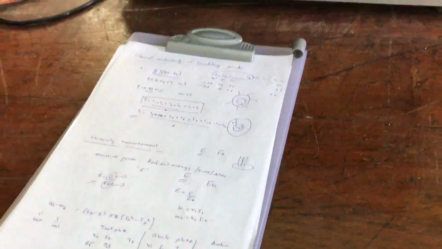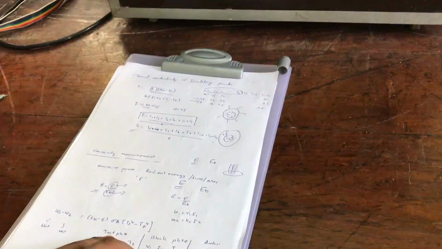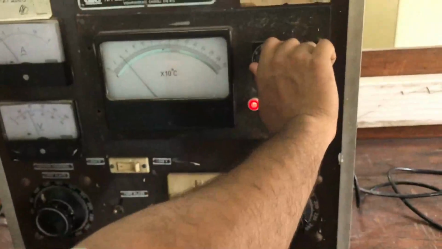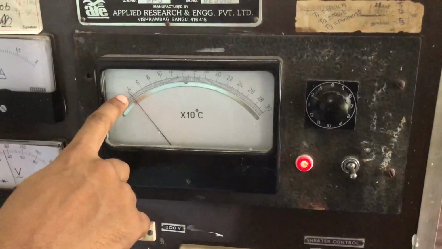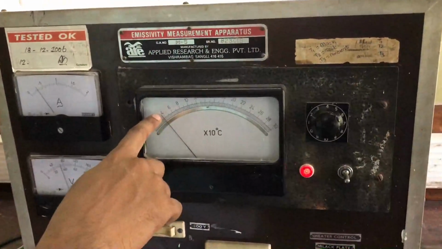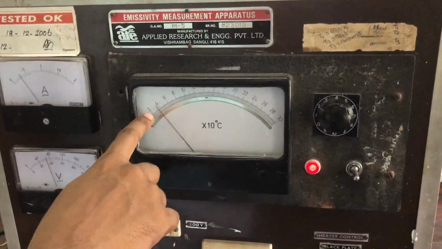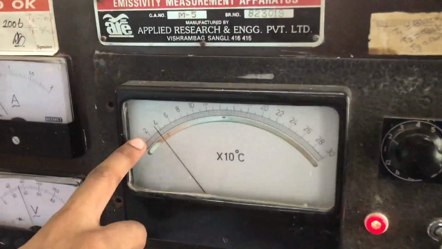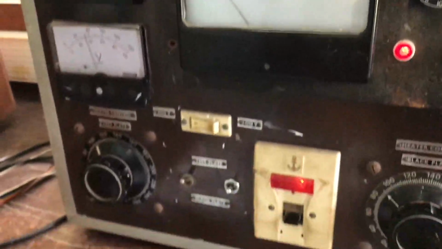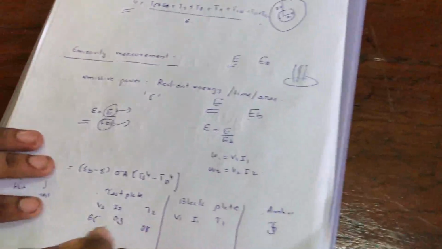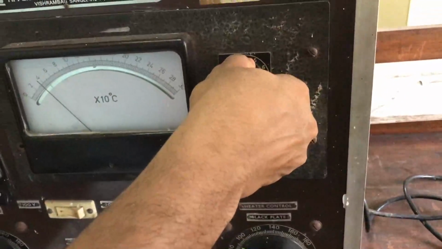T2 is of the test plate, so we adjust this knob towards 2, and now we are getting T2. This reading is 3.8 into 10 degrees, that is 38. So we are having T2 as 38 degrees Celsius.